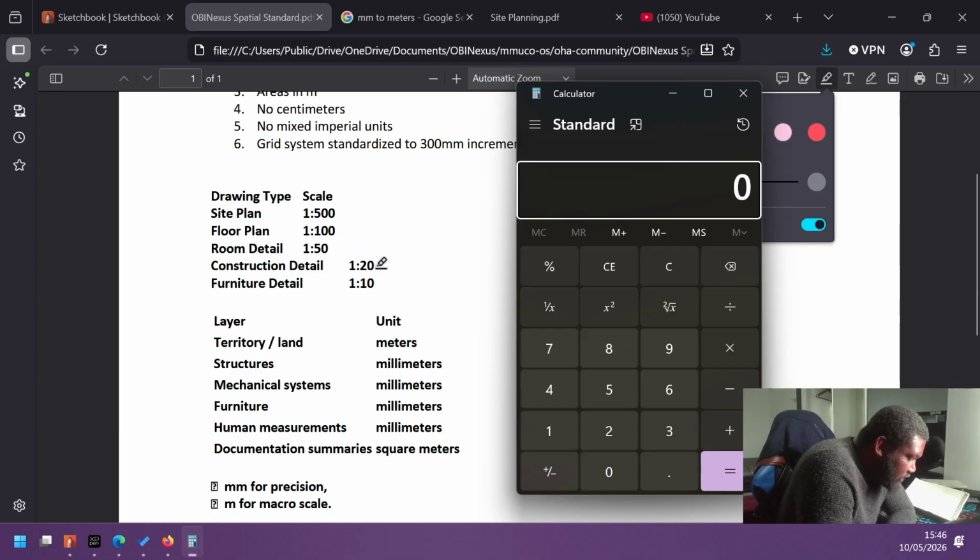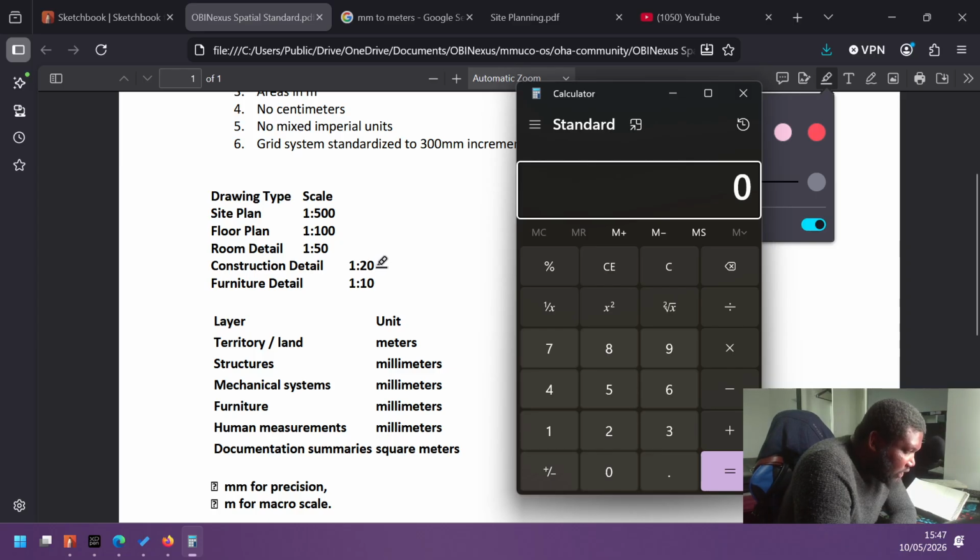So this is a half, this is a quarter, and this is half a quarter. The control details are those, which is a 1 to 20 ratio. So this is 1 meter, 1 centimeter. 1 centimeter is mapped onto 20.